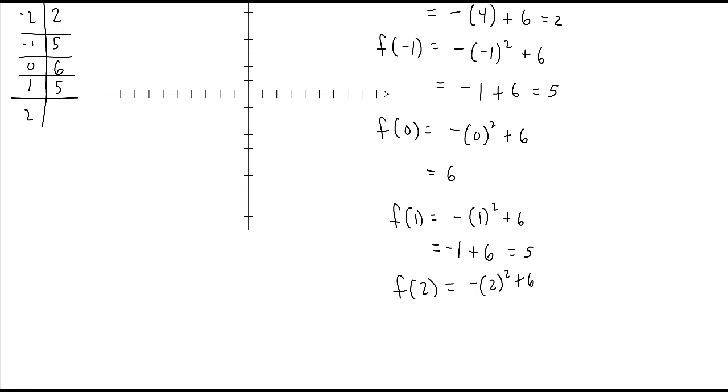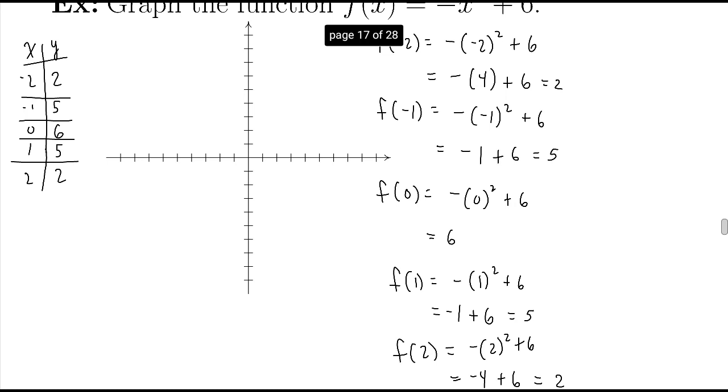Negative times 2 squared plus 6. 2 squared is 4. So that's a negative 4 plus 6. And that equals 2.